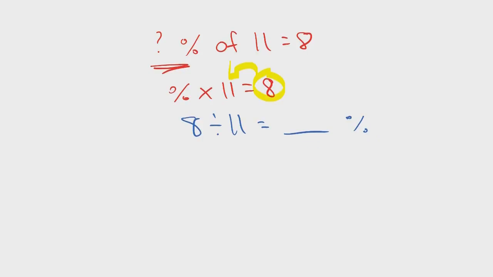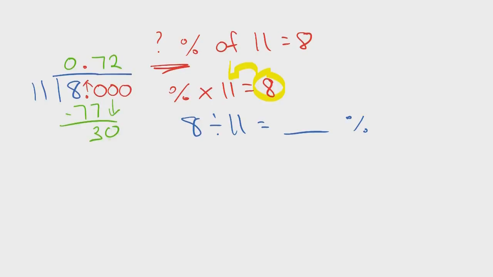All right, a long division problem. Be a repeater, 727272. I get 77, I subtract, I get 3.